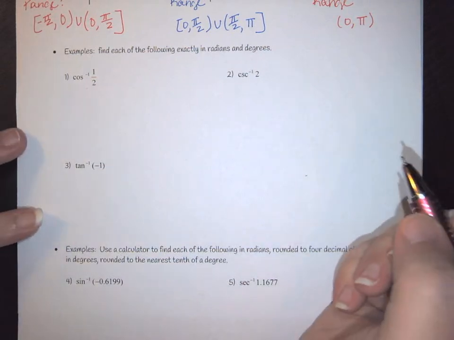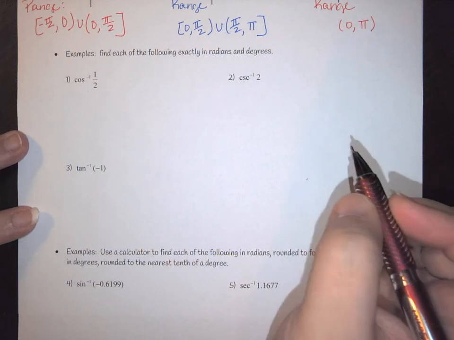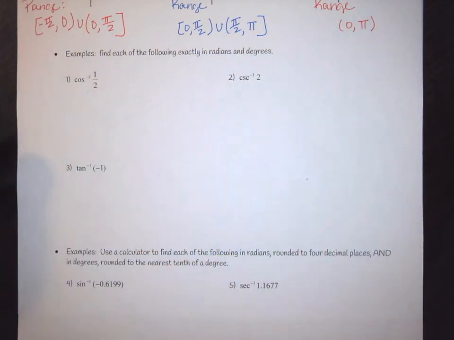So here, what you can do is you can actually use your calculator to help find the values that you are looking for, simply because we have the inverse function on that calculator.